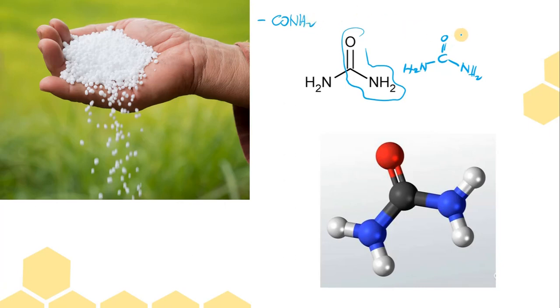So this is definitely urea, an example of an amide. So you may have tried urea when fertilizing the soil, or fertilizing plants, like corn. Okay, this is the other molecular structure. Nitrogen is the blue, then carbon and oxygen.